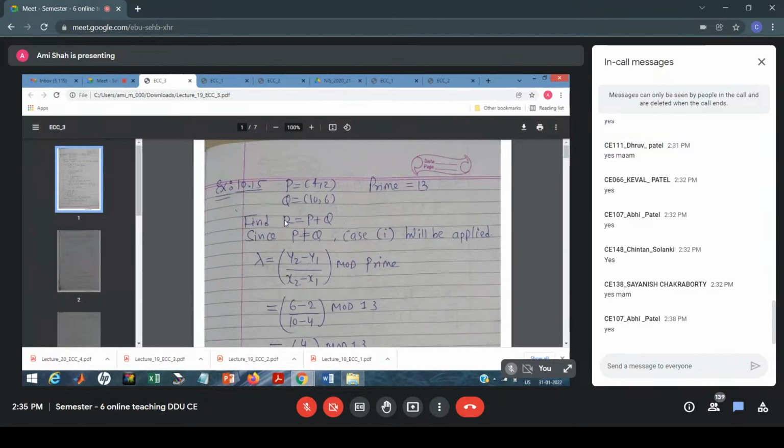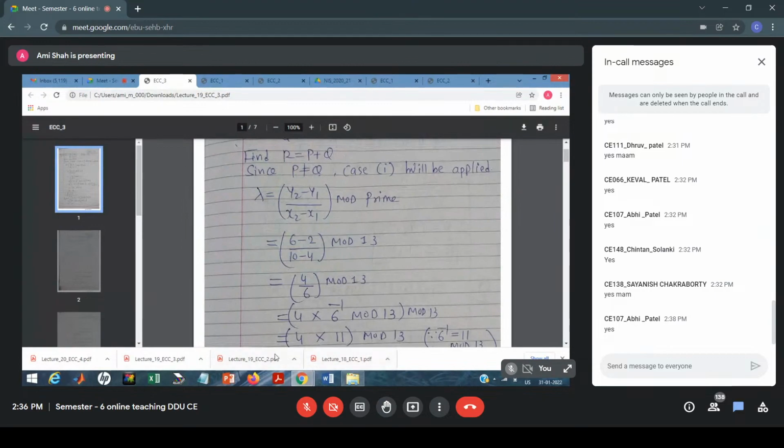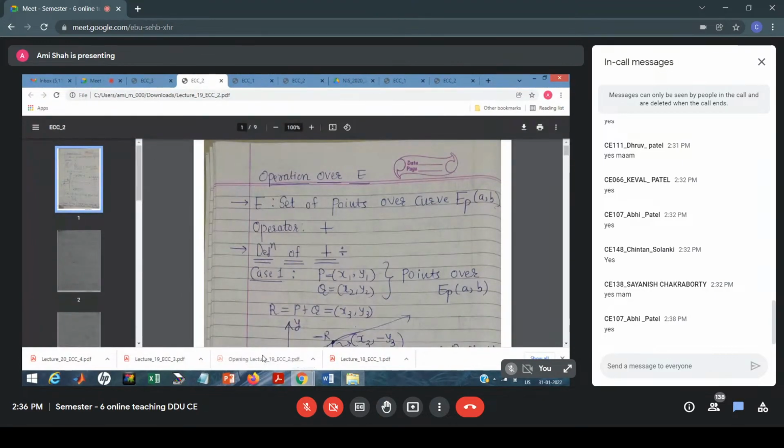Now the three cases, all of you know, what is the first case? Here you observe that P is not equal to Q, meaning all the values x1, x2 and y1, y2 are different, right? So P is not equal to Q, then all of you know that case 1 will be applied. So now see, when case 1 is applied, which equation do you have to use?